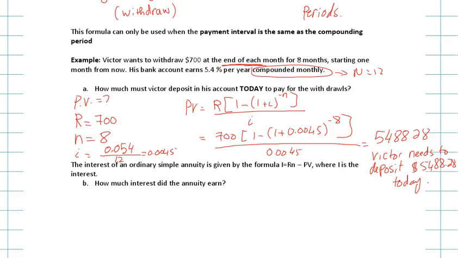If he deposited $5,488.28, how much interest did the annuity earn? We have 700, right? So you're withdrawing 700. How much did you actually withdraw altogether? 700 times 8.